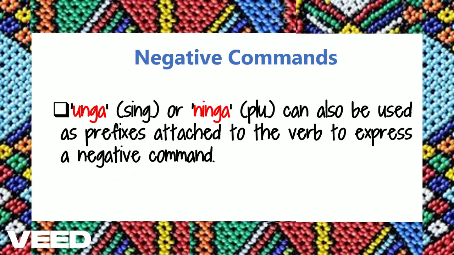Unga, like I said, is for singular, and then ninga is for when you're using the plural. And remember, these are attached to the verbal stem. So ninga and unga are not standalone words like musa. Now, what does musa and ninga or unga mean? It simply means do not. Okay, musa ugu, do not. Unga, do not. Ninga, do not in plural.